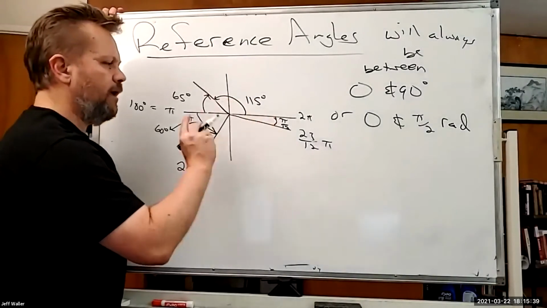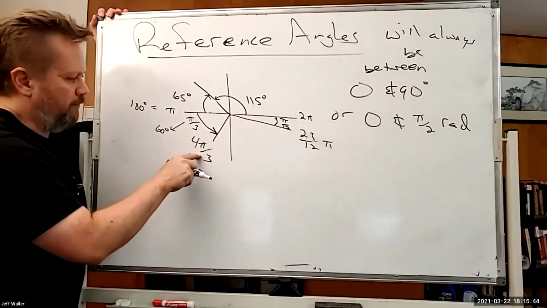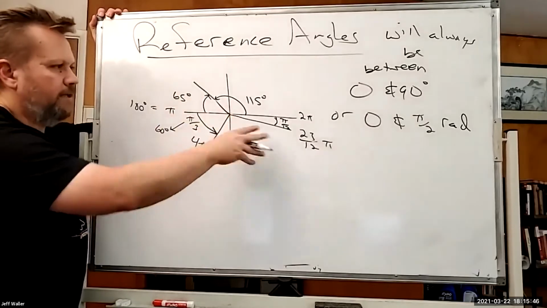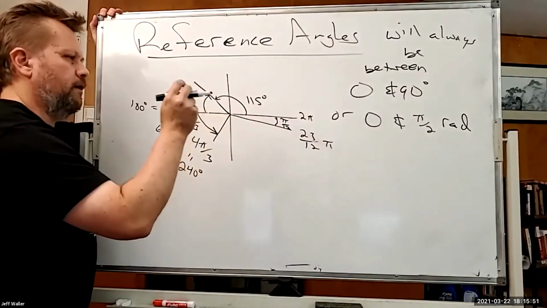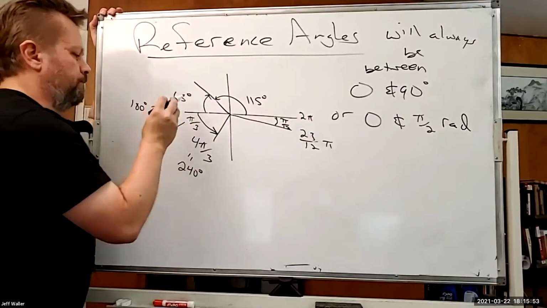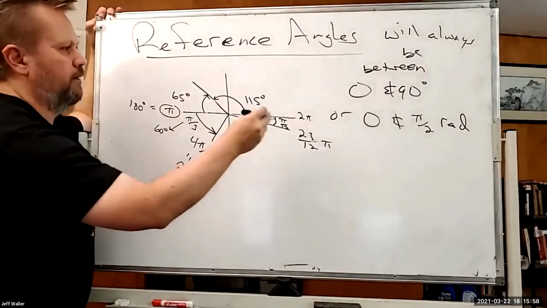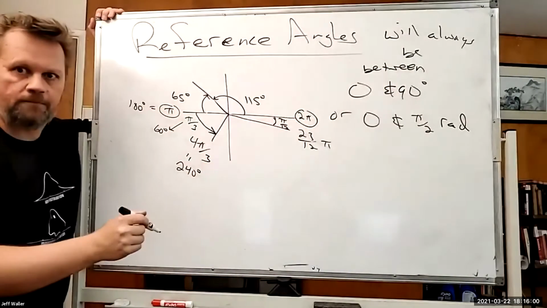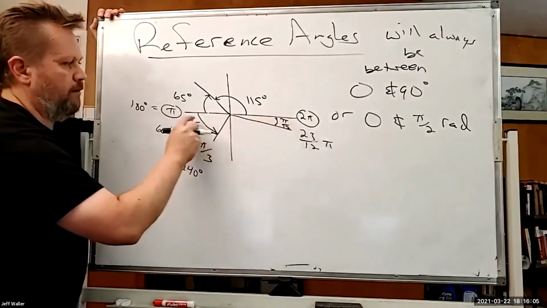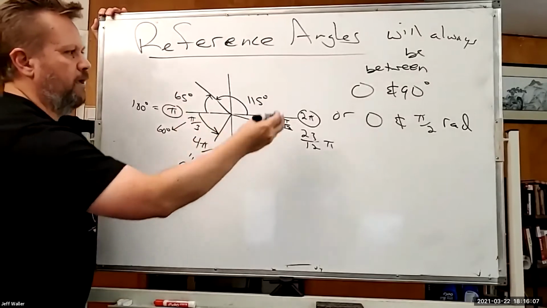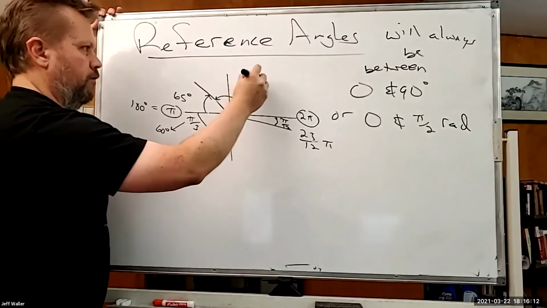It sort of is, but not really, because pi over 3 and 4 pi over 3 don't make 90 or 180. It's always how much more or how much less than pi or 2 pi you are. So it's how much less than 2 pi I am, how much more or less than pi I am. If I'm in the first quadrant, which I'm pretty sure you know your quadrants, right?